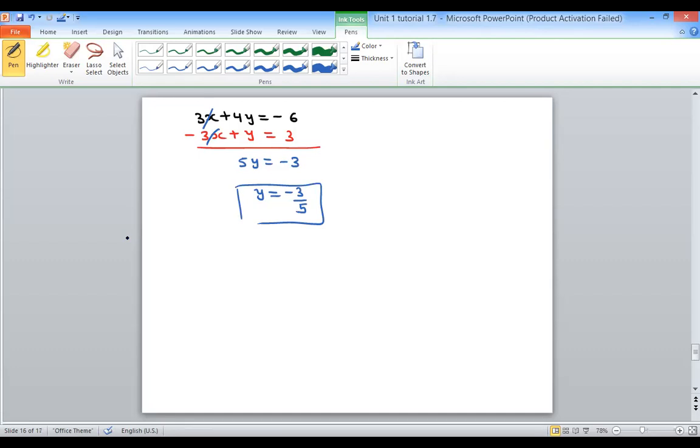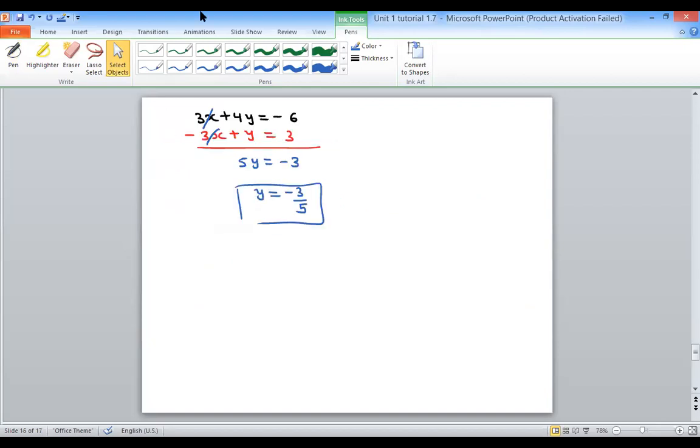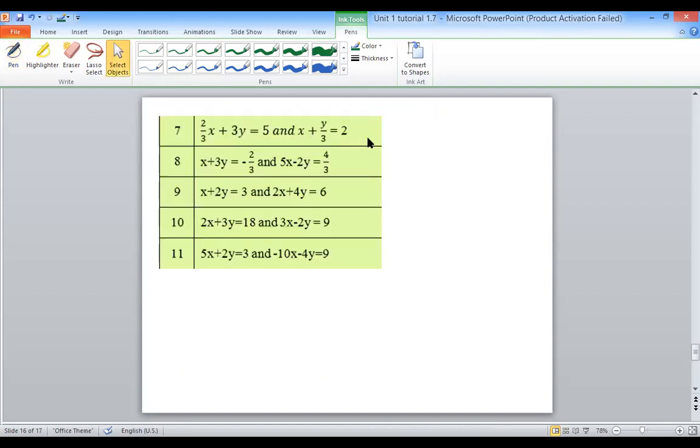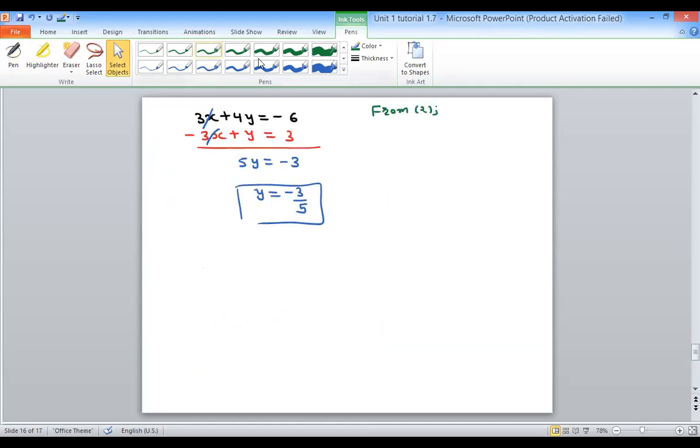Put the value of y in equation 1 or equation number 2. This is your choice, you can put it anywhere. I am putting the value of y in equation number 2. So from equation 2, we have 3x minus y is equal to minus 3.